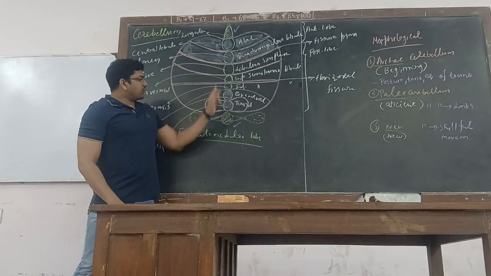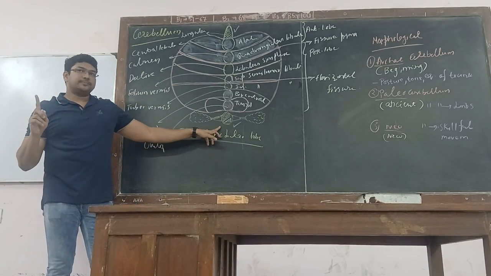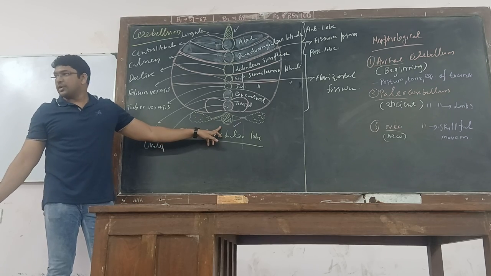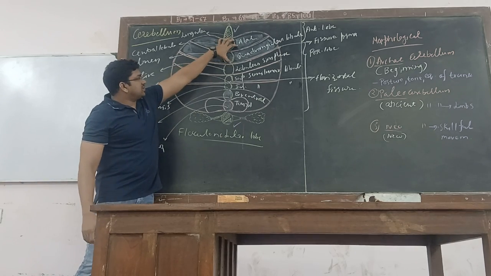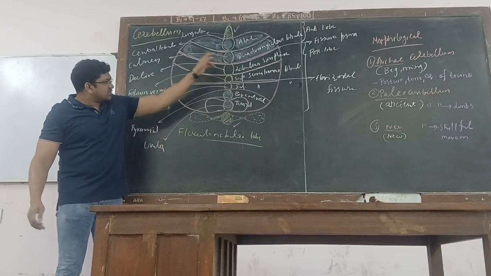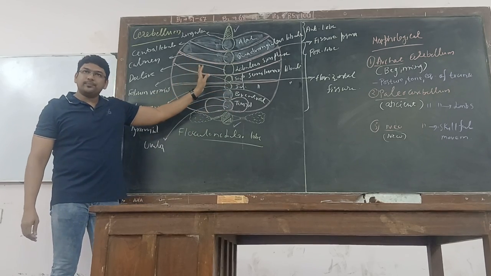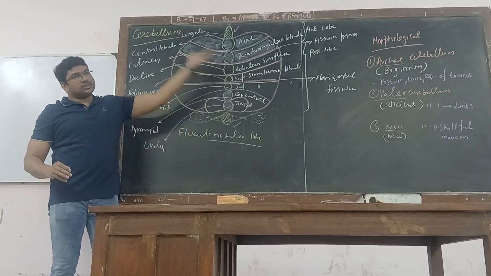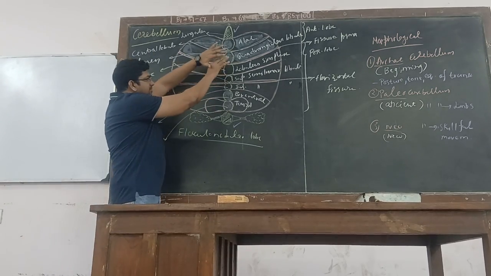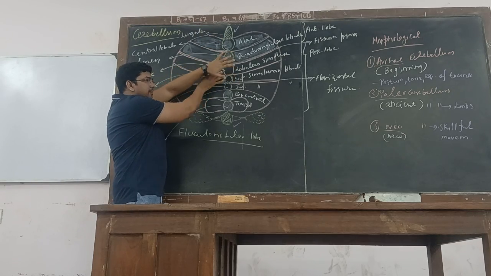So lingula and the flocculonodular lobe control which part of the body? Trunk. So these two structures will be controlling the trunk, and these two structures will be controlling the limbs. And the rest will be controlling the skillful movements. As you can understand, whenever the cerebellum is emerging, it is separating the middle portion.